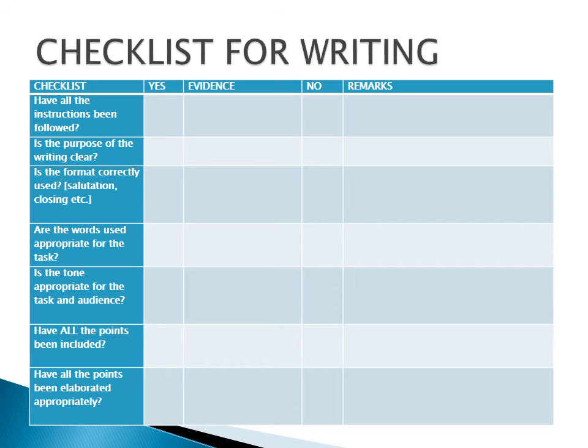And after that, the next one is, are the words used appropriate for the task? Like in your apology letter, the words, the vocabulary that you're using, is it according to the letter or is it out of the way?